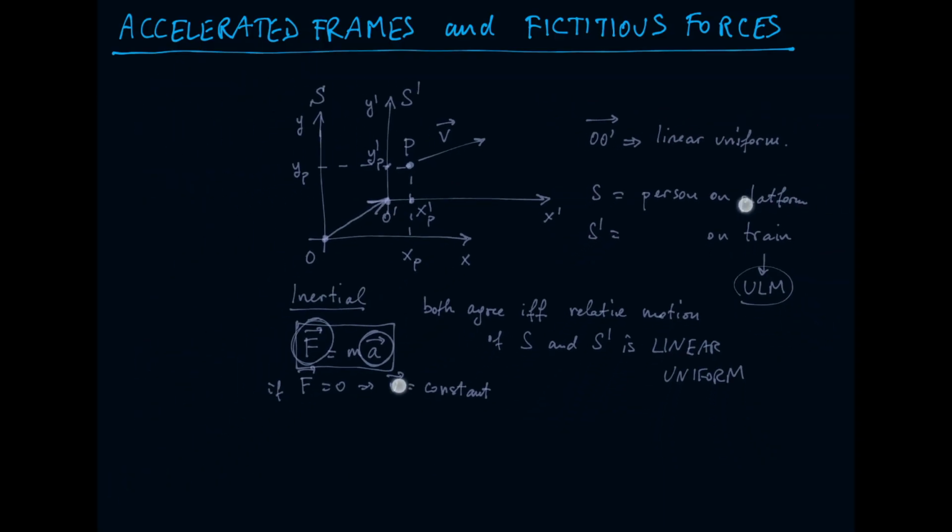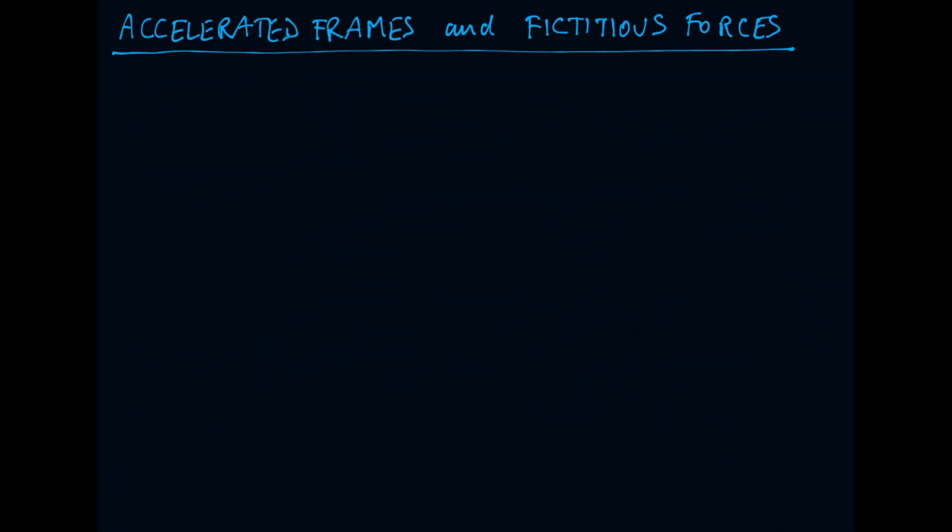So what can reference frames do when it comes to any other possibility than uniform linear motion between them? Well, option number one is that of a reference frame that moves with a linearly accelerated motion.